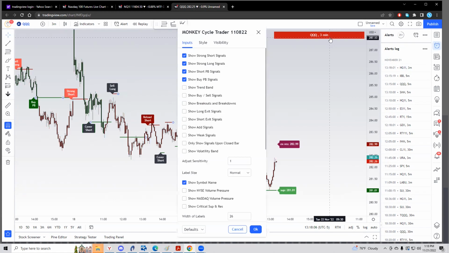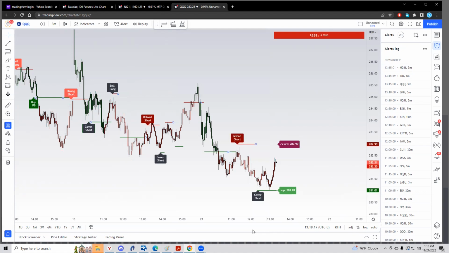The ones I really like and find very useful, I call NYSE volume pressure and Nasdaq volume pressure. Let's activate them. What you start to get is information about cumulative volume for that specific day. So regardless of your time frame, whether it's 3 minute or 15 minutes, you should see the same numbers here.